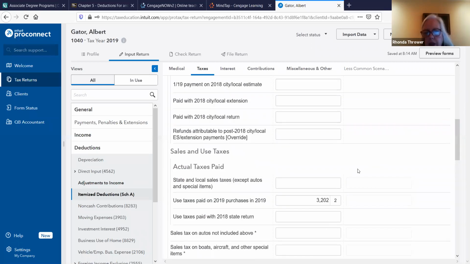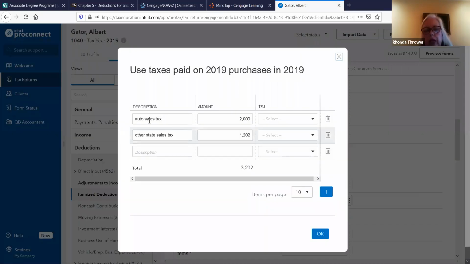And the only place that I found that I could put that was down here under sales taxes. And right here where it says use taxes paid on 2019 purchases, we know that we're paying the sales tax on the automobile. And then there's some other sales tax that we have recorded too. So I expanded my box and I wrote in auto sales tax was 2000 because they told you that.